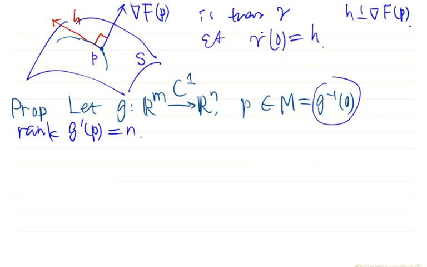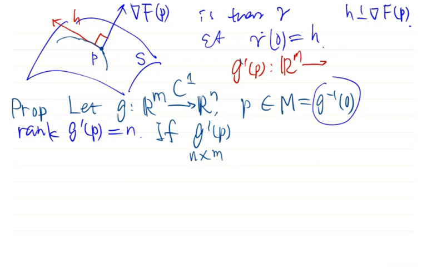Then the conclusion is that G'(P) is an n by m matrix, therefore G'(P) can be considered as a linear map from R^m to R^n.